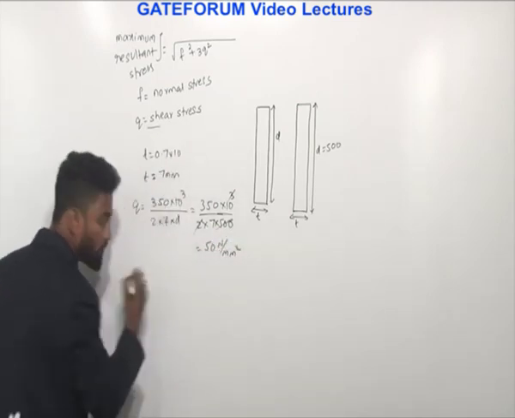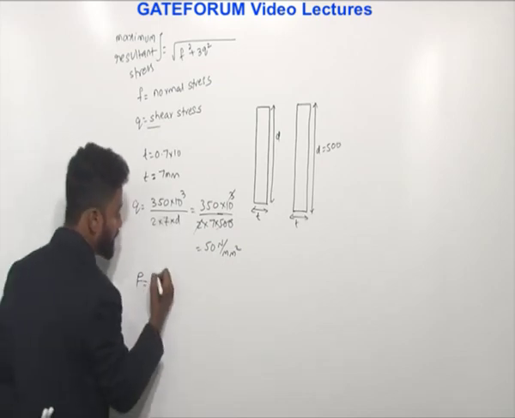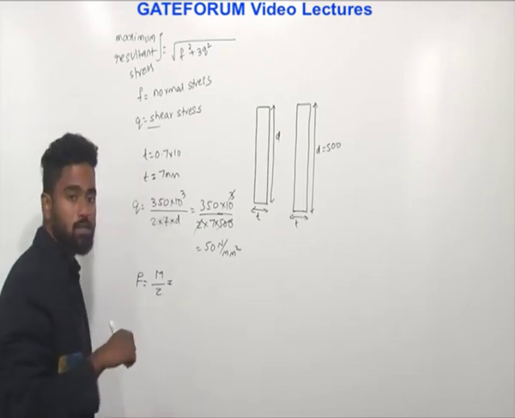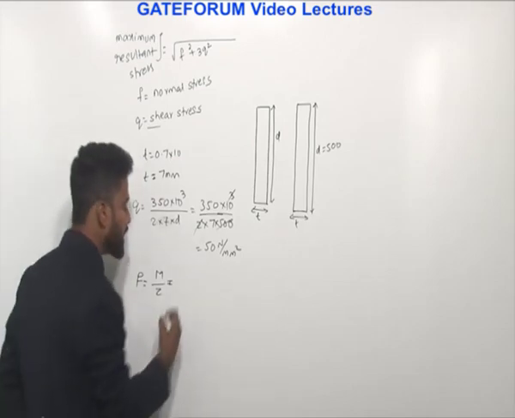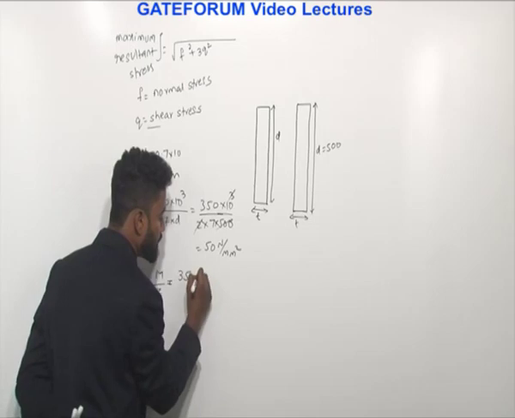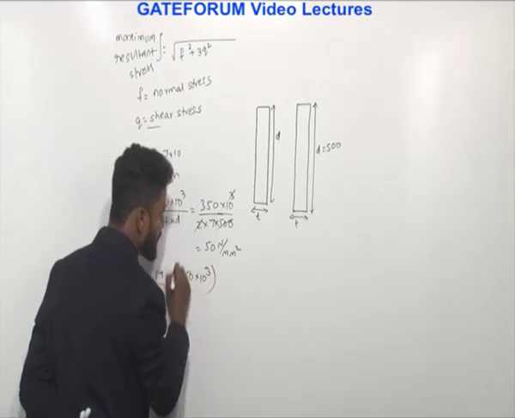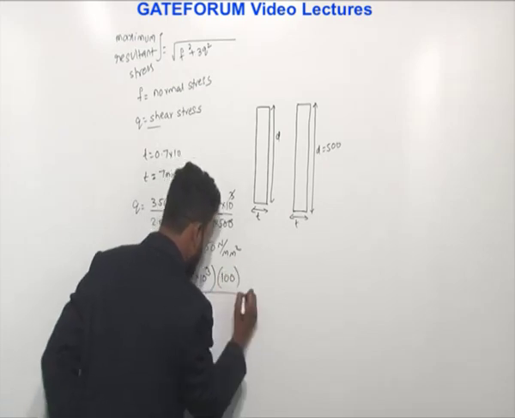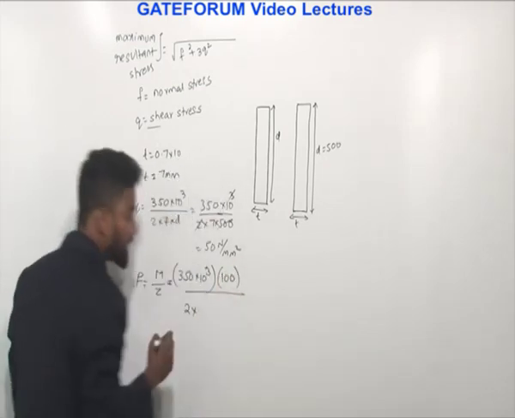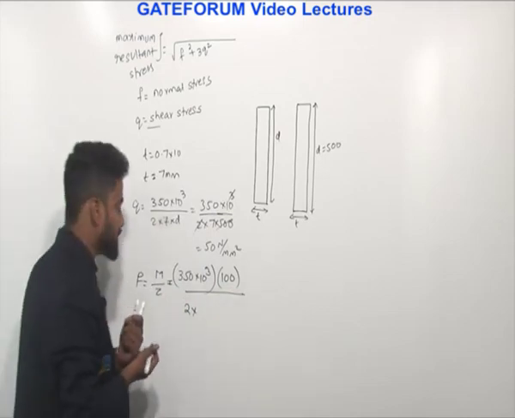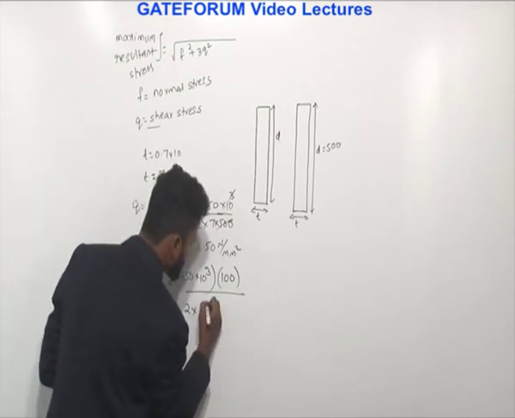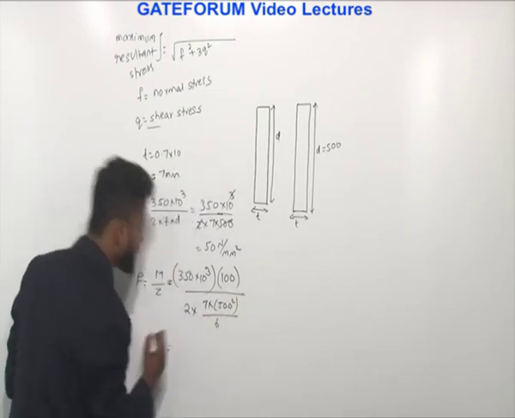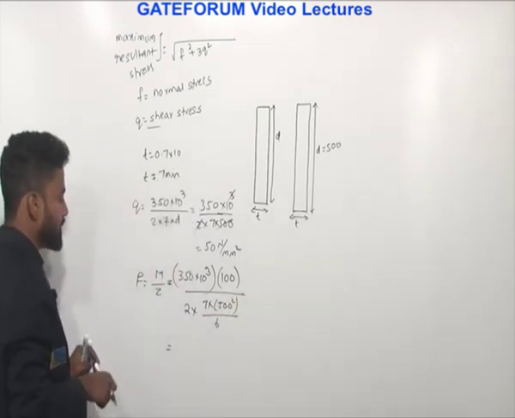And similarly, F, if you want to calculate, that is M by Z. So what is the moment? Moment is equal to load multiplied with eccentricity. So 350 into 10 to the power of 3 newtons into eccentricity, which is 100 mm, divided by Z, which is equal to bt square by 6, so 2 times 7 into 500 square by 6.